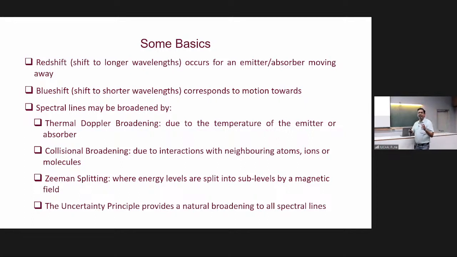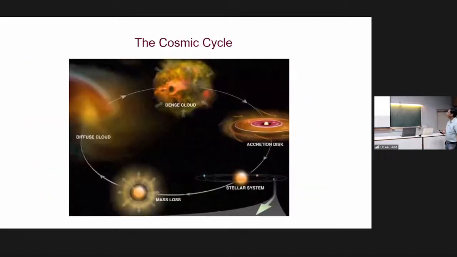When the density of the atoms in the absorbing material is higher, when we have a lot of atoms, they will collide with each other, and there will be motions towards the detector or away from the detector. Then we can have splitting, from LS coupling and those kinds of things, for example the sodium D lines. So we can have splittings, and the natural line width I've already told about.